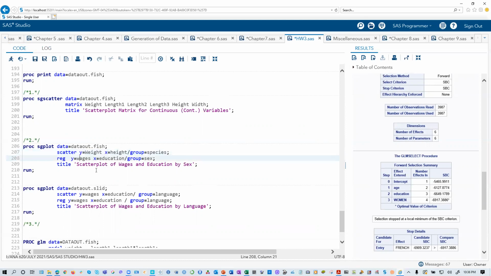Then the same thing. Weight by height. Group by species. This one, scatter plot of weight, with 10, by species.